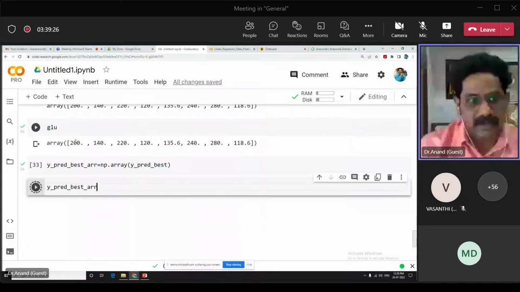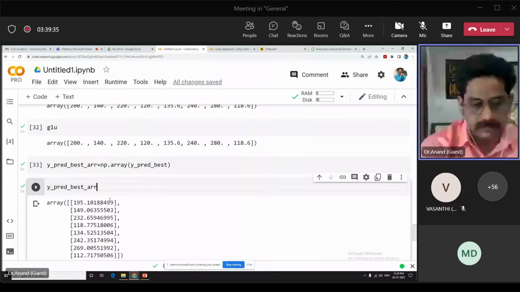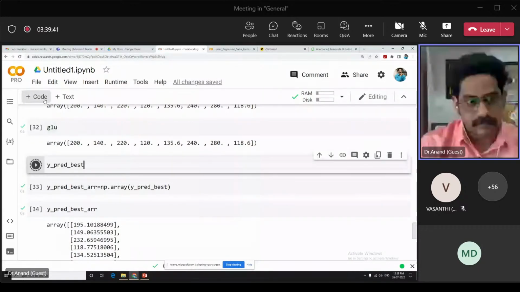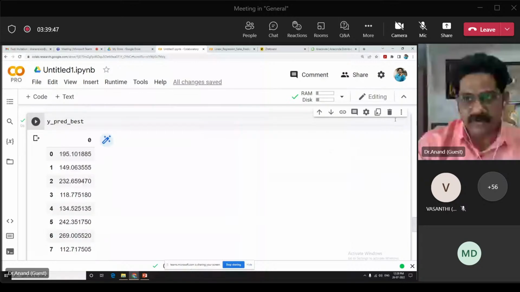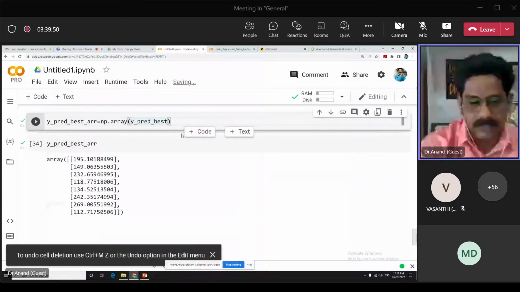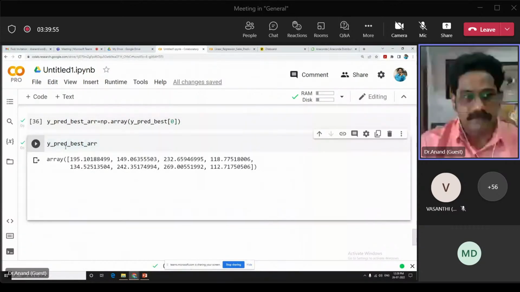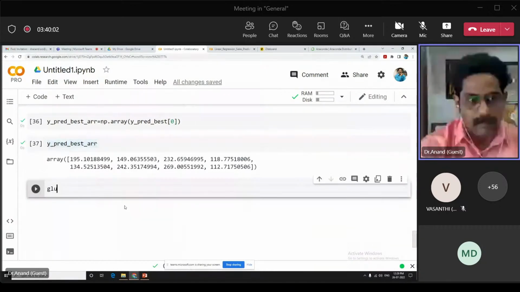Once you present it like an array format, you can see the y pred best was stored in data frame format, and we put it in array format like this. Okay, this looks better. Now your GLU minus your y pred best in array format you have converted.